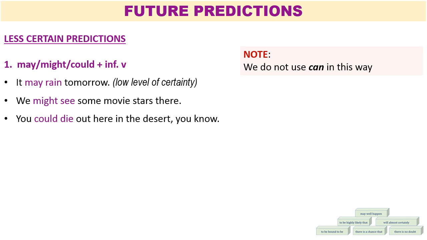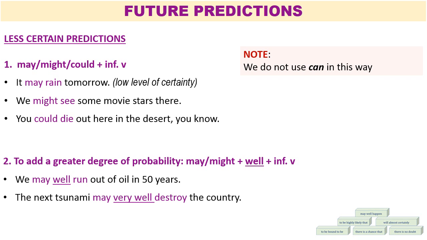Now take note, we don't use the modal verb can in this way. Something else that we could use to add a greater degree of probability to our prediction, we could use well. So may or might plus well plus the infinitive form of the main verb.